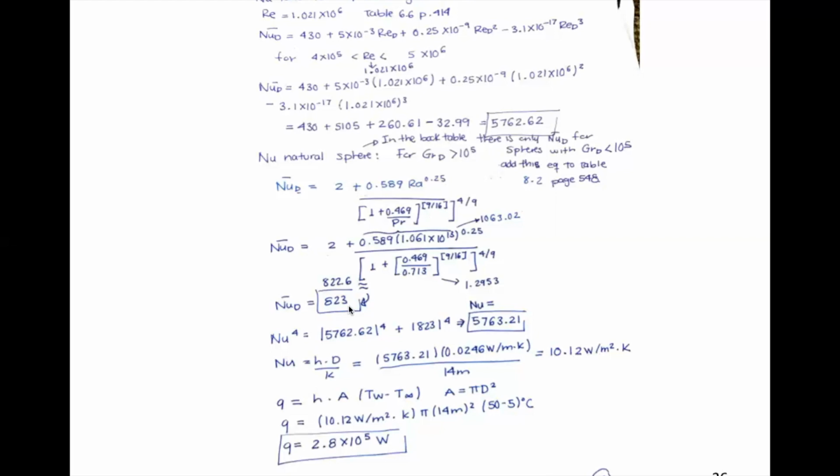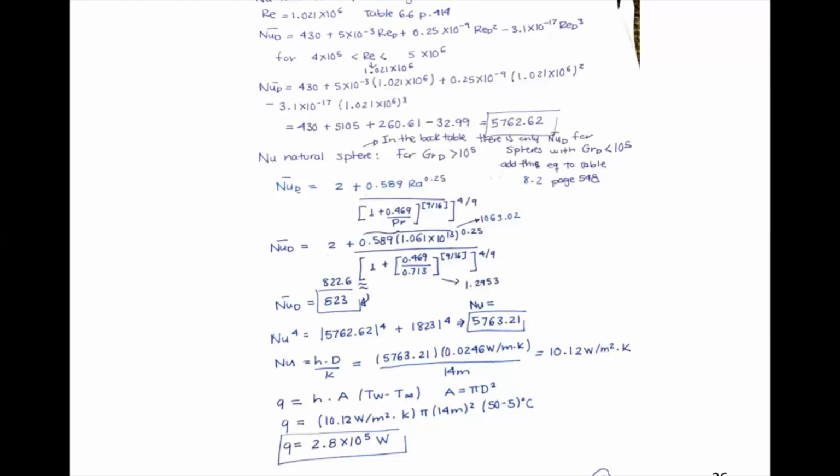So we are ready to combine our Nusselt numbers. Nusselt combined to the fourth equals Nusselt forced to the fourth, plus, because the flows are helping, right? You already checked that, plus the Nusselt natural to the fourth. Finally, our Nusselt, after removing the fourth power, is 5763.21. That was the complicated part of the problem.